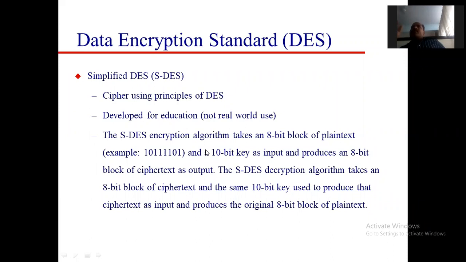Because any algorithm that accepts a block of a given size produces the same size block as cipher text. In case of SDES, it accepts 8-bit plain text and produces 8-bit cipher text.